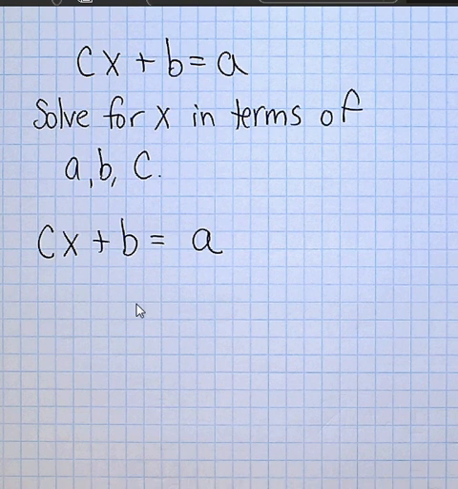Correction, what's up? X equals a over c minus b, right? You divided first.